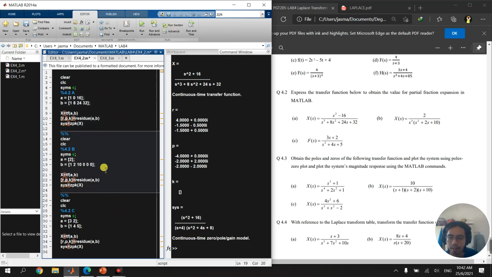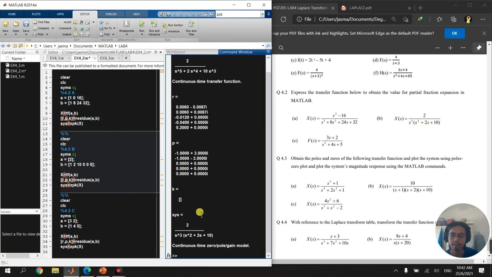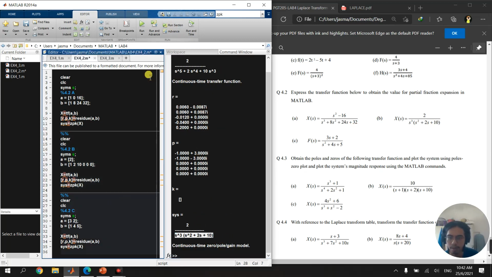Okay, the second is also the same step. We run it and we can see that the system converts its complex function into a simpler one, and then 4.2c is also the same.